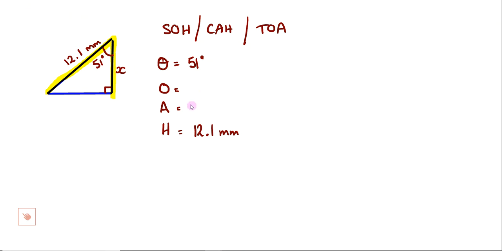So the adjacent is x, and the opposite is don't know, don't care. So I can cross that out, which means any one of these ratios with an O can be crossed out. So then I know it's this one, so it's the cosine of the angle is equal to adjacent divided by the hypotenuse, which means I can then put these numbers in here.